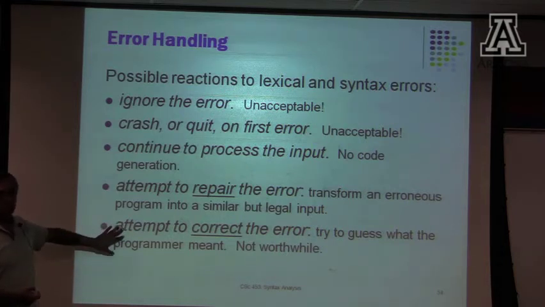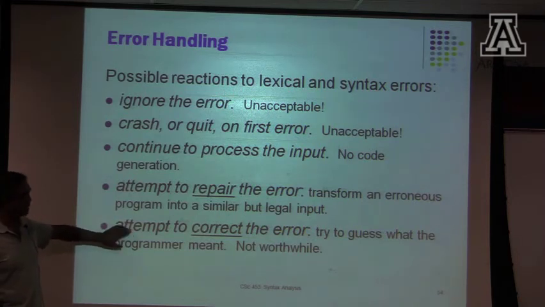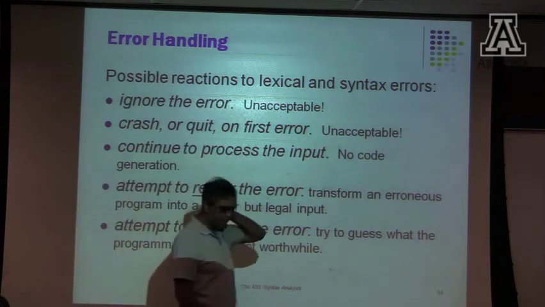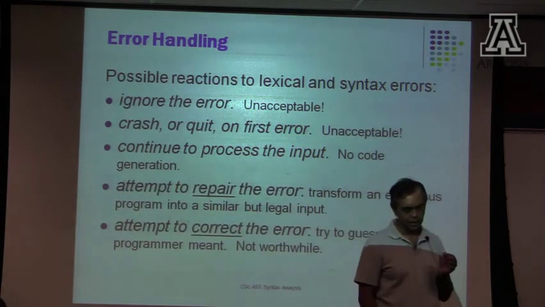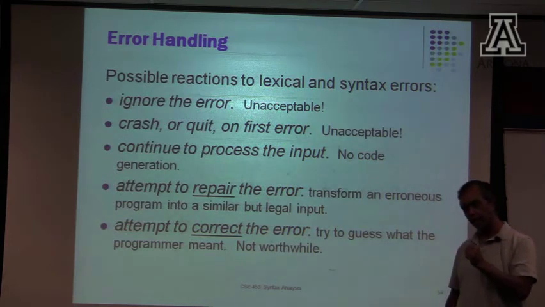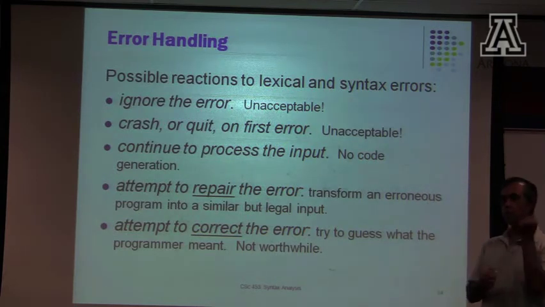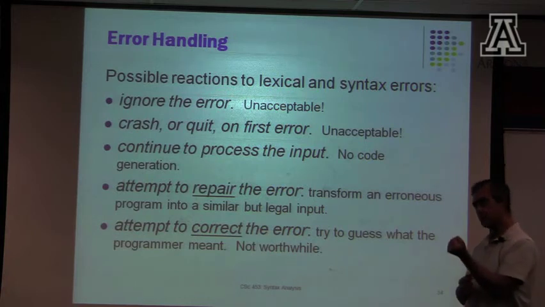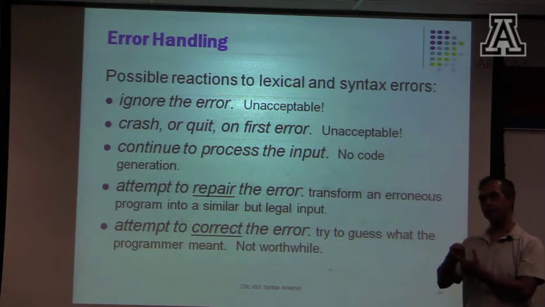What I was talking about earlier about Hamming distance actually applies to error correction. The sort of thing I should have said about repairing is this: let's say you're processing the input, and you've seen the keyword while. Now the next thing you expect is a left paren.